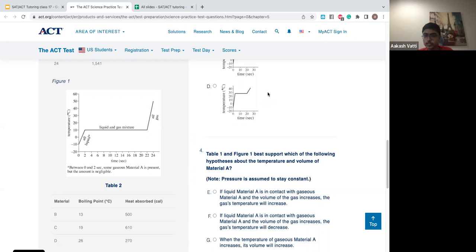Does anyone else need some time or should I just solve the question now? Again, if you don't know how to do it, just say that, could you please explain it? And don't be afraid of getting it wrong. It really doesn't matter if you do get it wrong right now. Again, this is not the actual ACT. Getting it wrong just means that you have a chance to improve whatever you got wrong. And at least I can try explaining a reason for why you got it wrong and why the answer I think is the best answer.